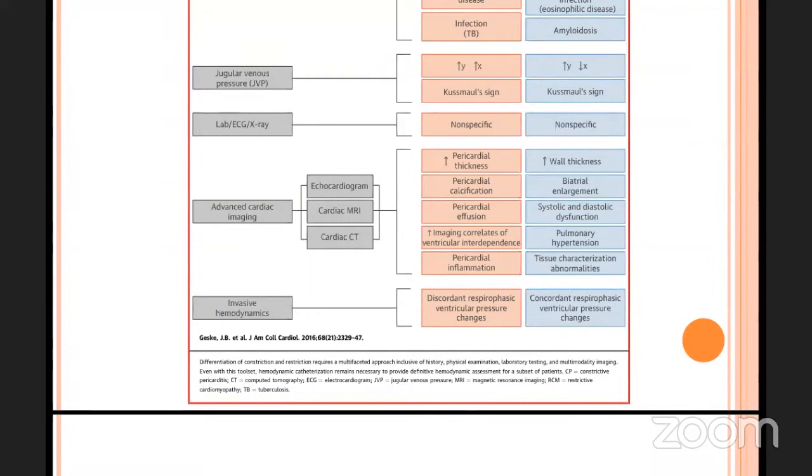Clinical mitral regurgitation, clinical tricuspid regurgitation is extremely rare. As a matter of fact, if they are audible, you have to think more in terms of restrictive cardiomyopathy rather than constrictive pericarditis. Having said that, localized constriction at the AV valve, AV ring has been reported, and that has caused stenosis rather than regurgitation.